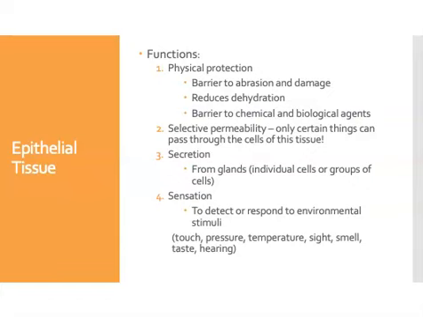The other protection that epithelial tissue provides is protection against chemical exposure and protection against pathogens, biological organisms that might do us harm. A good example of how epithelial tissue protects us against chemical exposure is in our stomach. Your stomach is lined with epithelium, and your stomach is full of hydrochloric acid.